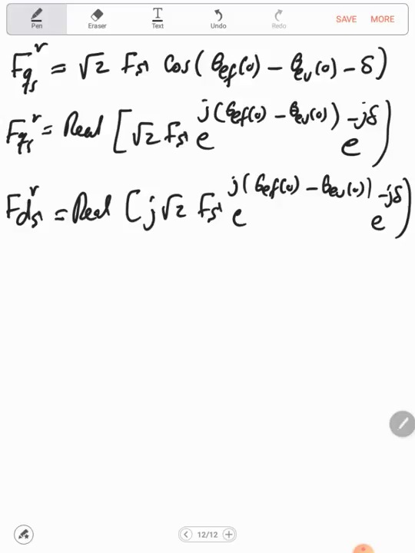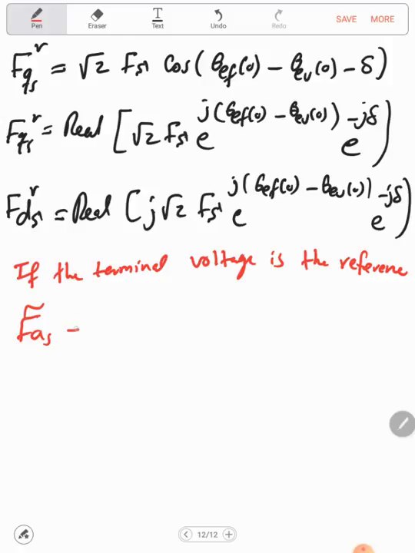So also, if we assume that the terminal voltage is the reference for all the phasors, then Fas as a phasor can be written as Fs exponential of j (theta EF of 0 minus theta EV of 0).